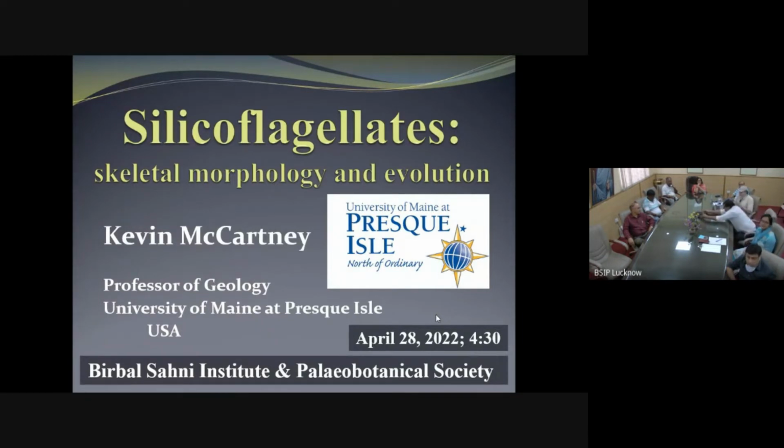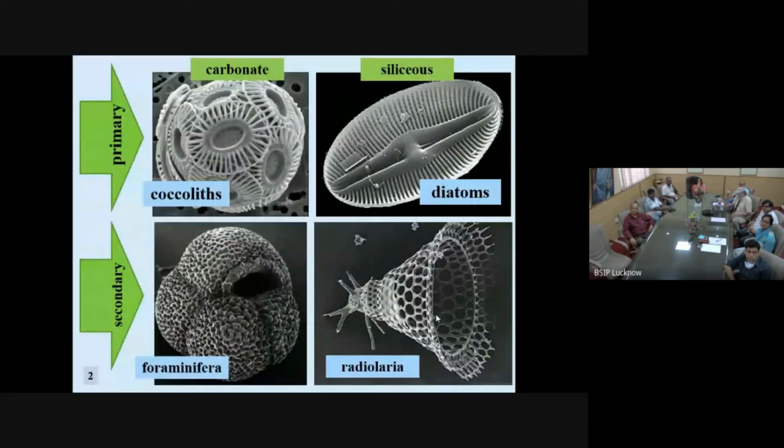So, let me start with the larger picture. We'll hone down to the subject of silicoflagellates, and we can talk about the bigger picture again. If you look at the modern record in the oceans and in the fossil record as well, focusing on skeletons of carbonate or siliceous material, there are 4 really important groups in the modern oceans.